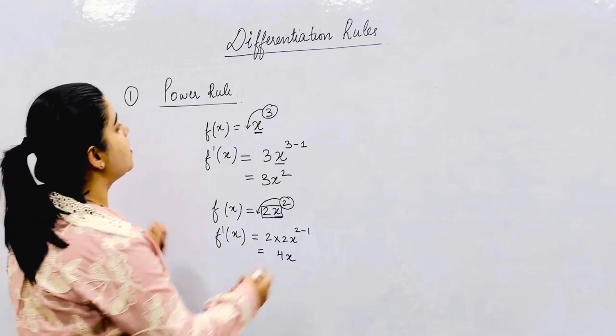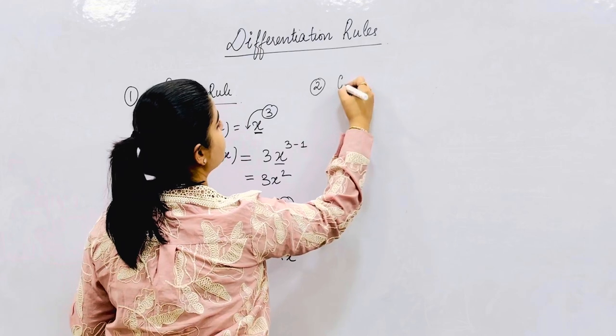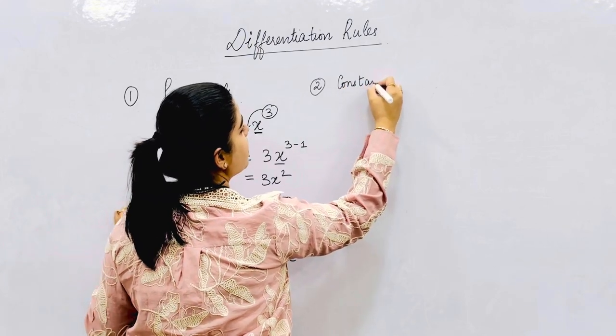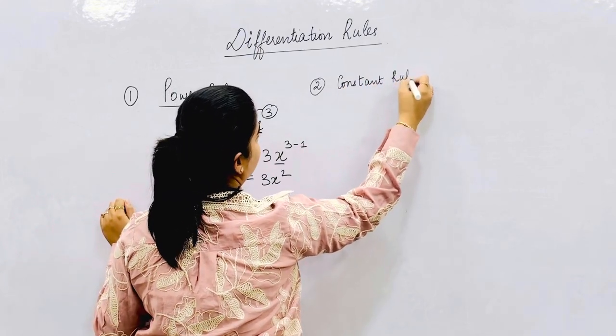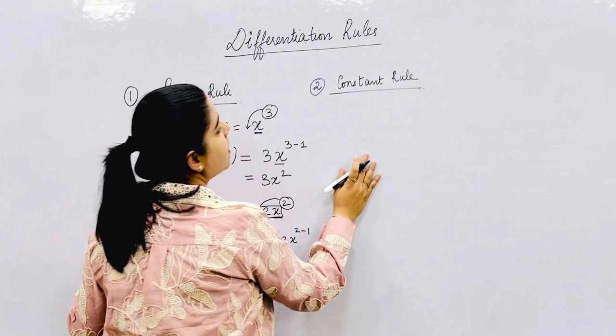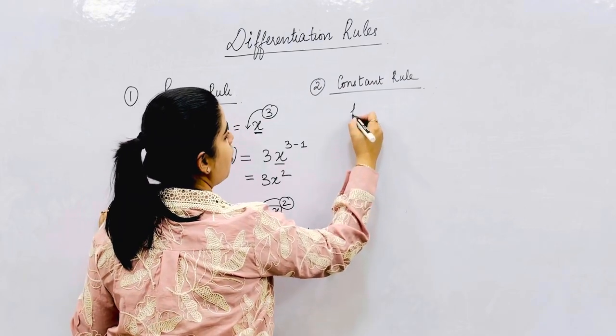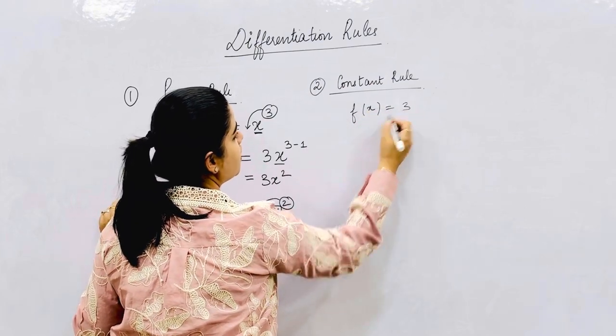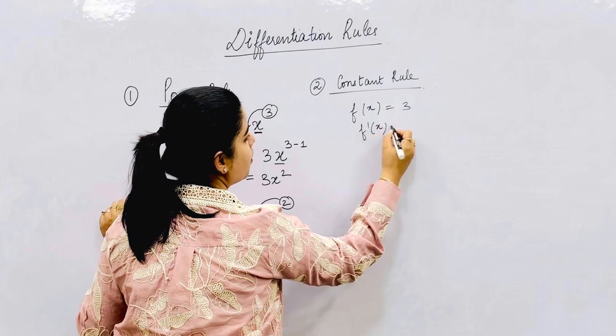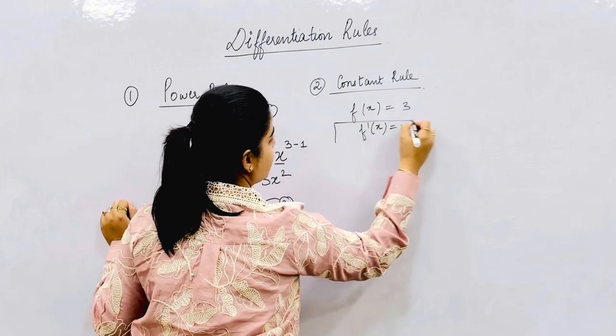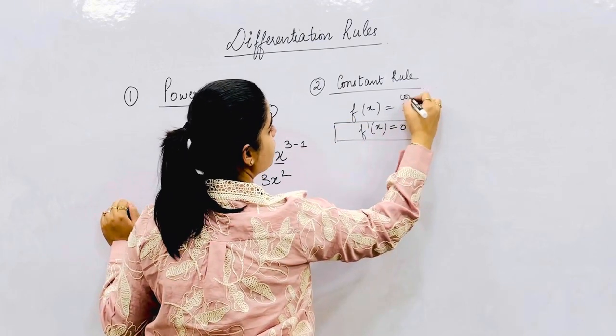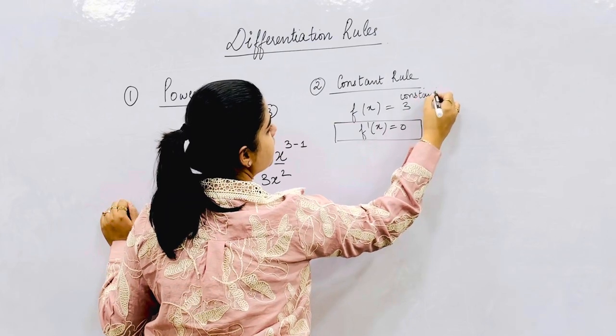Okay, now let's look at another rule, which is the constant rule. Now it is a very simple rule. The constant rule says that the differentiation of any constant function is 0. Okay, so you have to remember that the differentiation of any constant function is 0.